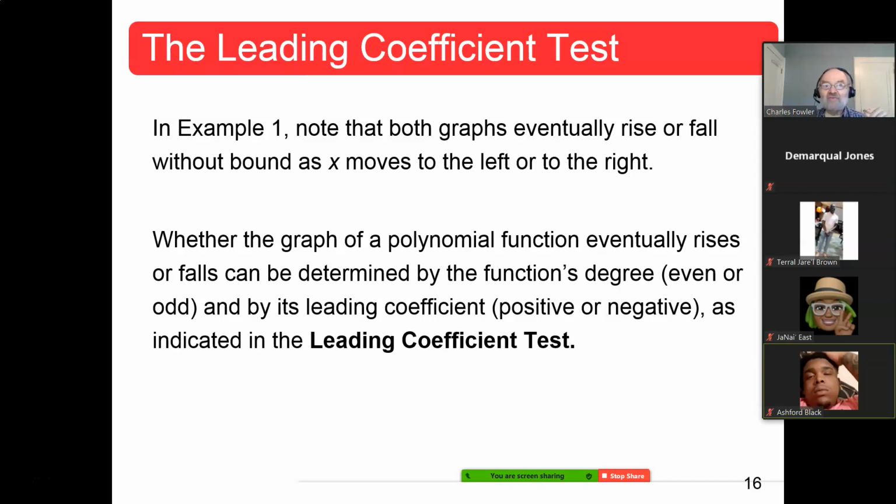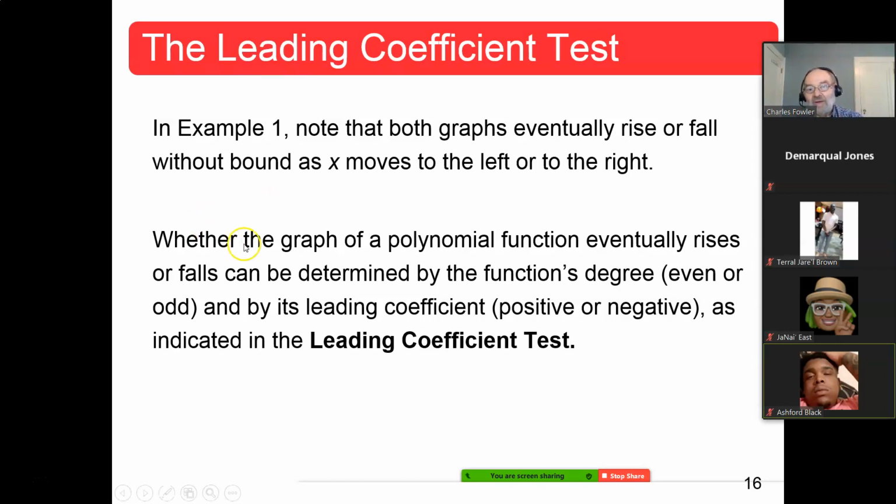What happens when x gets very, very large negatively or very, very large positively? That's what we're talking about. And polynomials are eventually going to go really high up or really high down. Always. When x moves to the left or to the right, far distances from the origin.